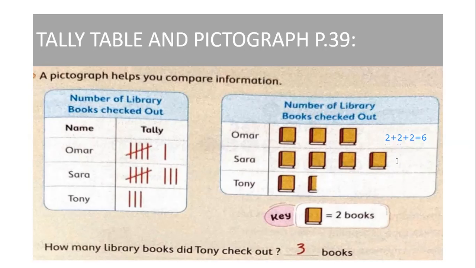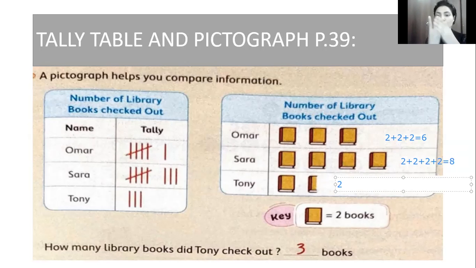Now I will write here 2 plus 2 plus 2 plus 2 equals 8. 4 plus 4, 8. Here, what I will write, one book equals 2. If one book equals 2, so half of it is 1.